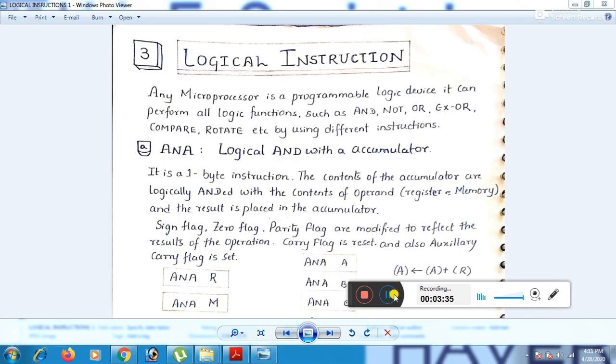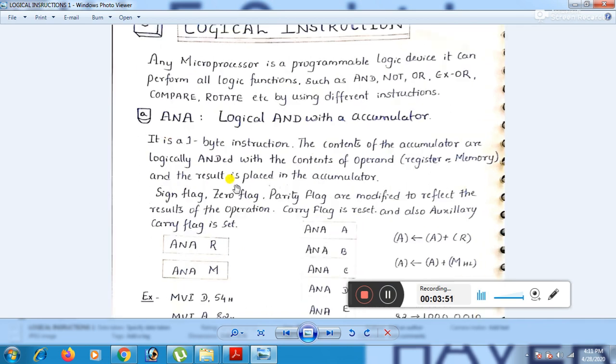There are two types of AND logical instructions. The first one is ANA, that is logical AND with accumulator. The contents of a register or the contents of a memory location are ANDed with the contents of accumulator. So let us see how this instruction works.